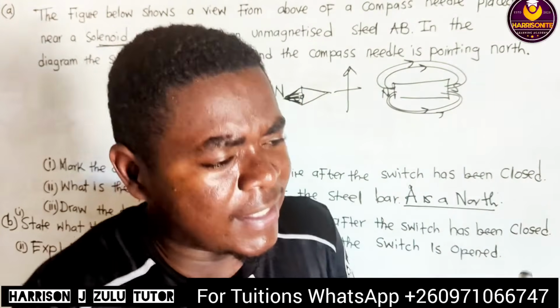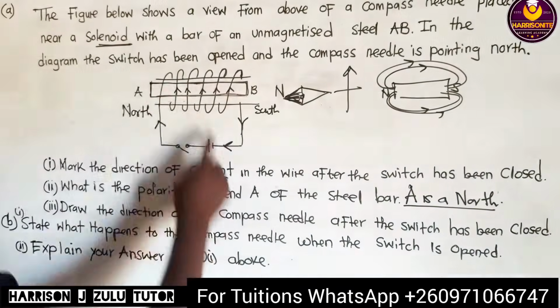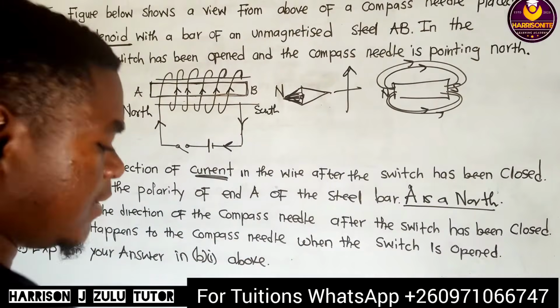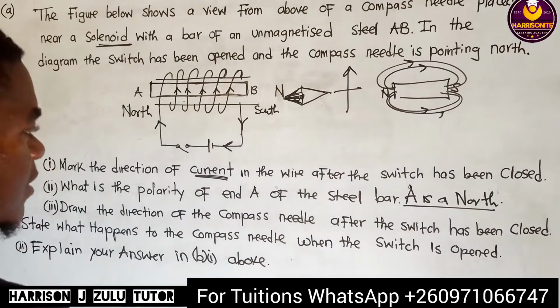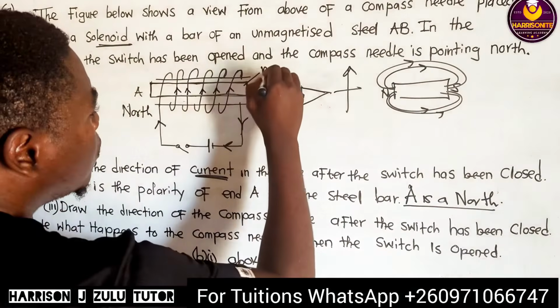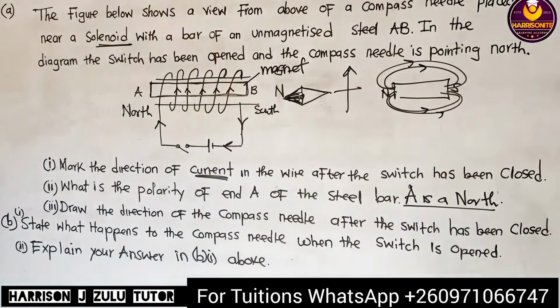So once it gains its magnetic properties, everything will just remain the same. It has now become a magnet, and this is another way of making a magnet.